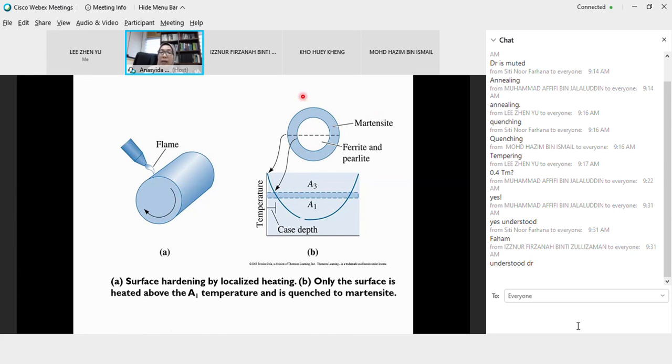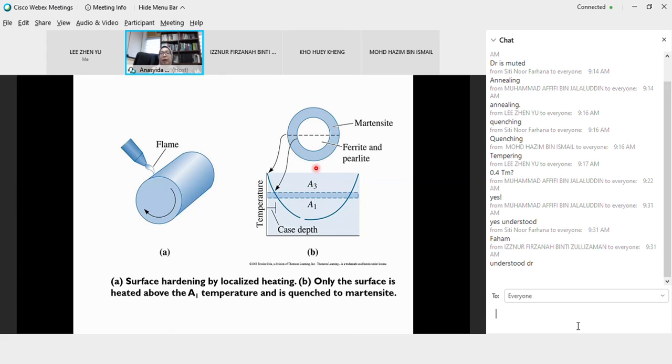Better you buat heat treatment terus untuk turn dia jadi martensite. So you have to see lah what are the sample that you have. If let's say contohnya you ada medium carbon, kenapa you nak buat nitriding? Sebab you can go for martensite ataupun tempered martensite because you have enough carbon to form martensite.